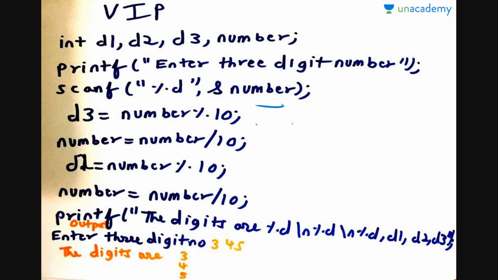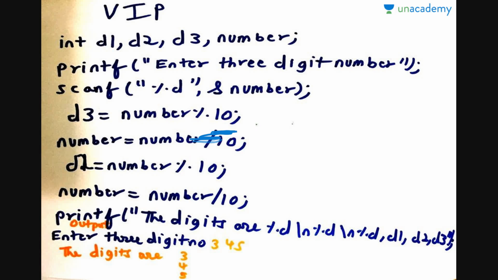Now this program is also used for digit extraction, which is very important because in almost all the programs you need this. Now D3, that's the 3rd digit, is equal to number mod 10. What the mod sign does is it gives the remainder. So when a number is divided by 10 and its remainder is taken, you get the last digit of the number.